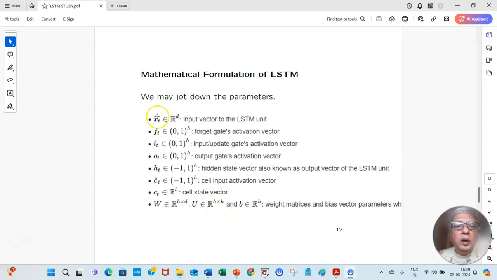Now we can do the mathematical formulation of LSTM. We can note down the parameters: the input vectors, forget gates, activation vectors, input update gates, activation vectors, and finally the weights of the edges.